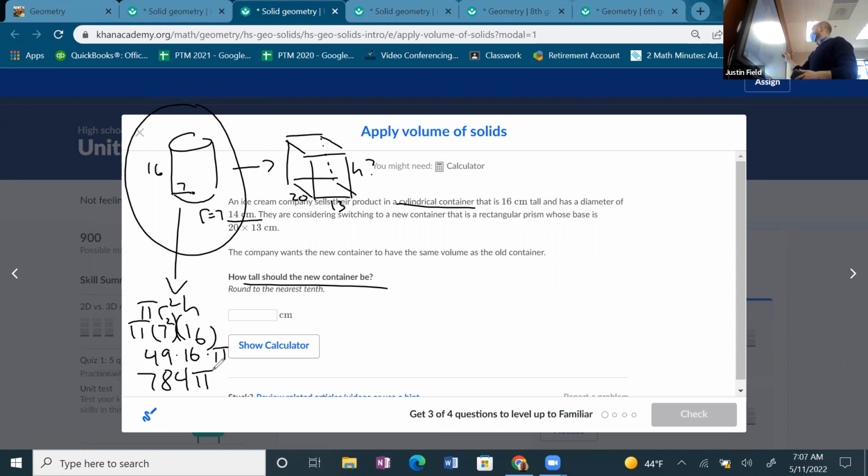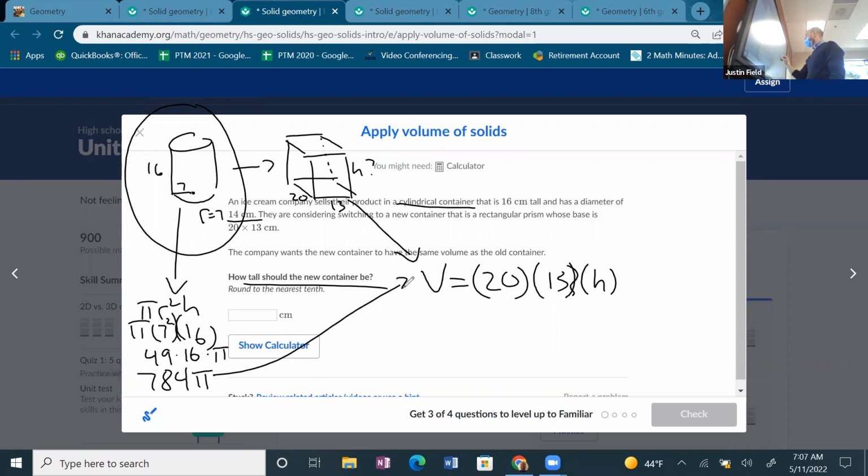And now for the prism, we know the volume is 20 times 13 times h. And then we can substitute in our volume, 784 pi. And let me just do 20 times 13. 260.